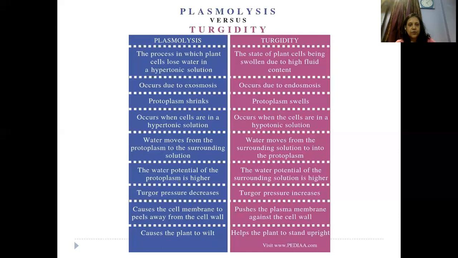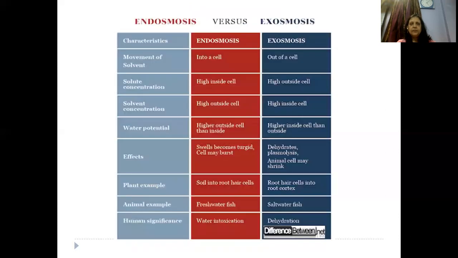Okay, so we go to the next part here. The same thing, in case of plasmolysis and turgidity, here it is explained in the form of endoosmosis versus exoosmosis. So the same thing has been explained in the form of the movement of water.